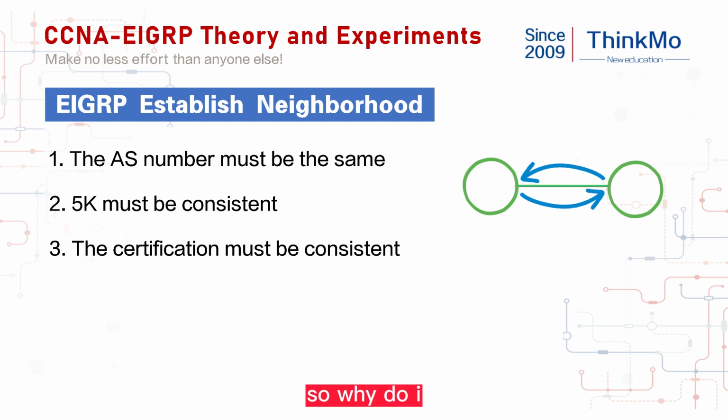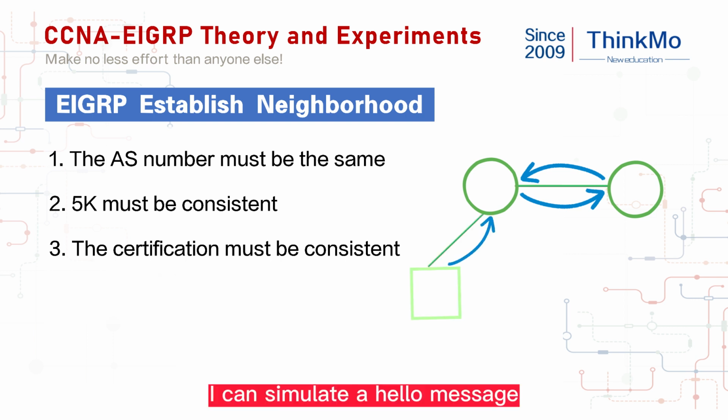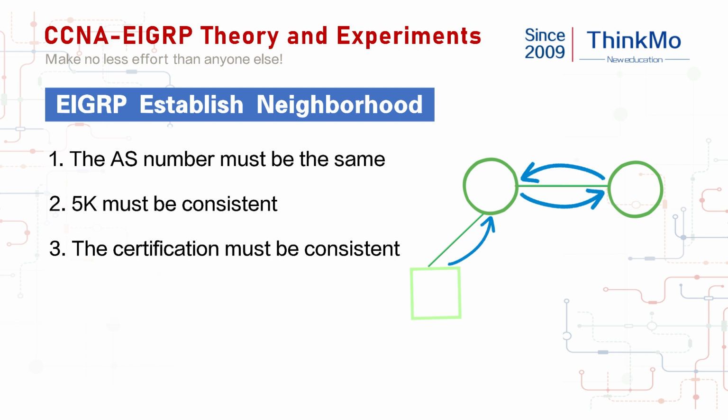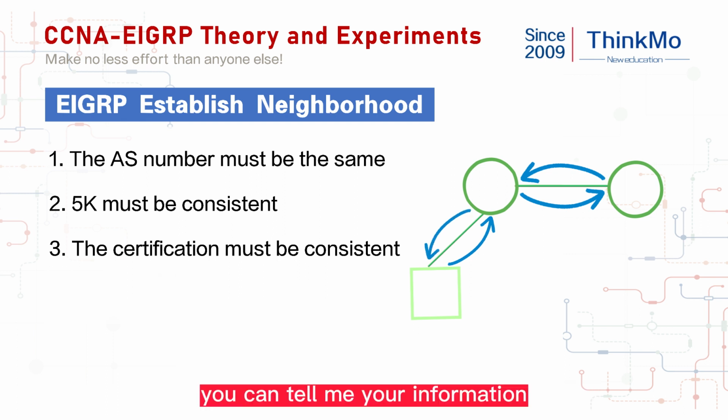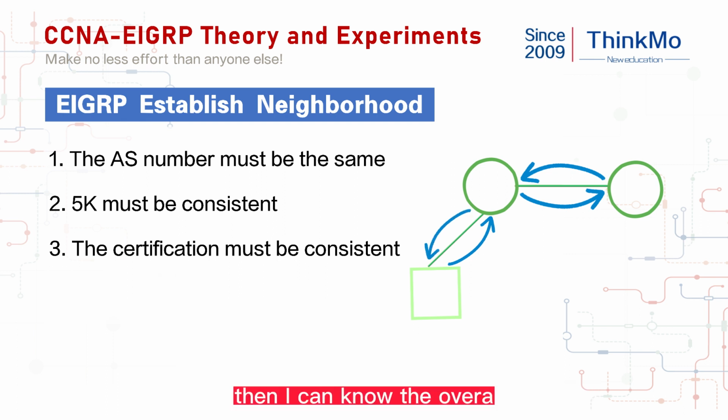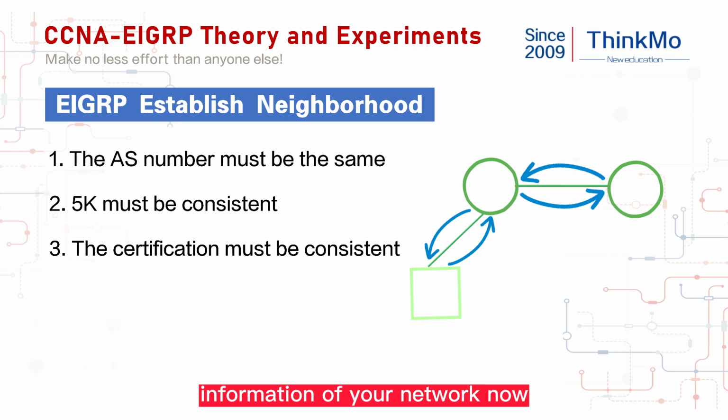So why do it? For example, say I am a hacker. I can simulate a hello message and send you a message. I can pretend to build a neighborship with you. You can tell me your information, and then I can know the overall information of your network. At least it is possible to calculate the network topology.